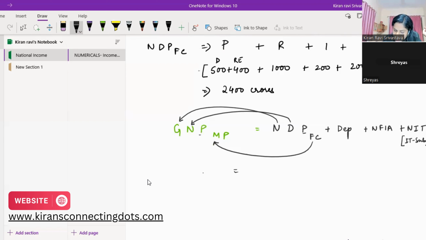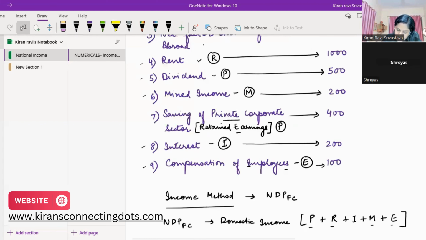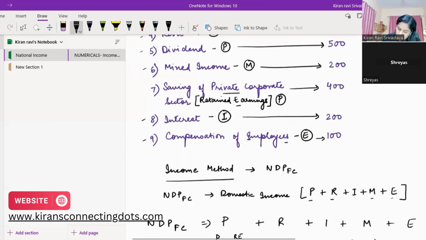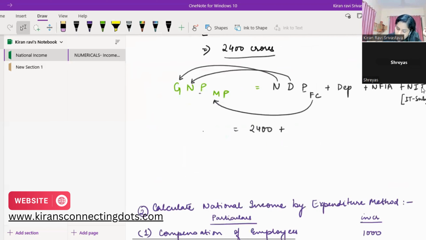It's easy. एनडीपीएफसी हमें ऑलरेडी पता है. It is 2400 crores plus depreciation. Look at the question. Depreciation is given to us as 400 and net indirect taxes is given to us as 900.